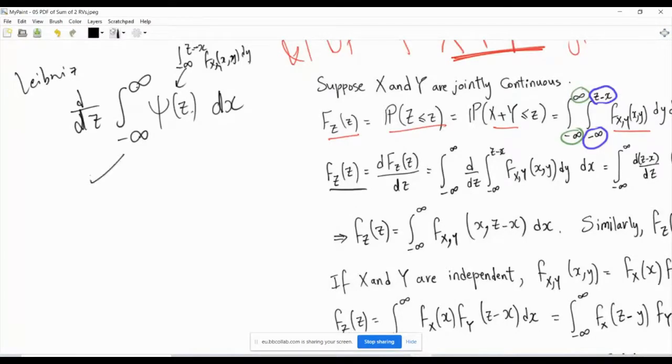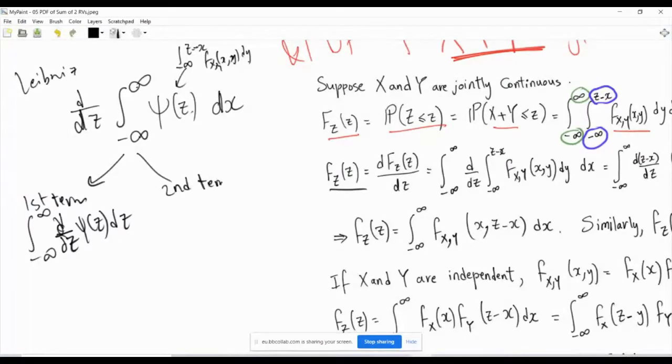So what will be the first term? First term will be the integral, and then we differentiate the inner one. What is the second term? 0, exactly.